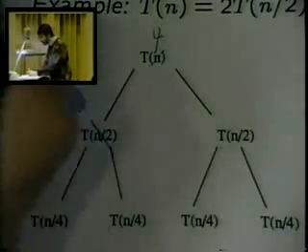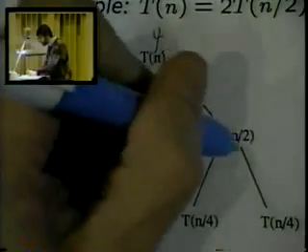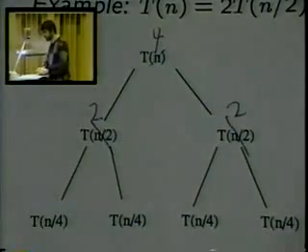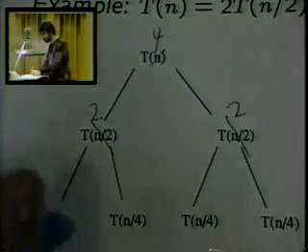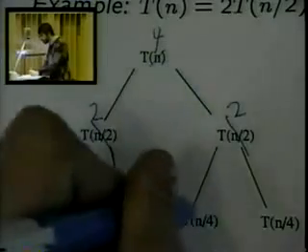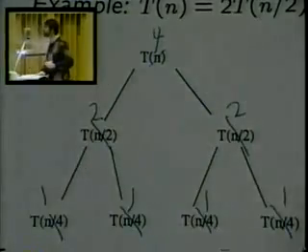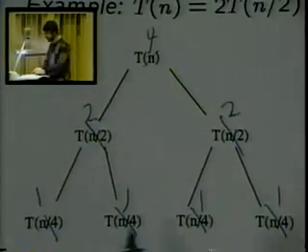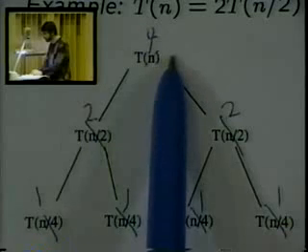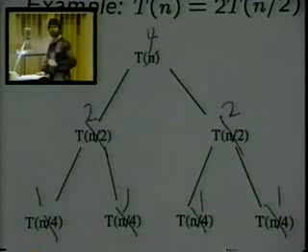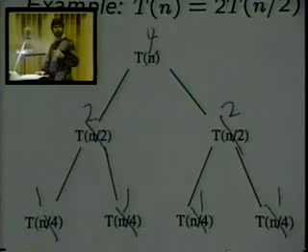Well, 4 over 2 is 2, and 4 over 2 is 2. 4 over 4 is 1, four times. Starting out with an argument of 4, I've got 4 leaves. That should be enough to convince you that for n equals 4, you get 4 leaves.